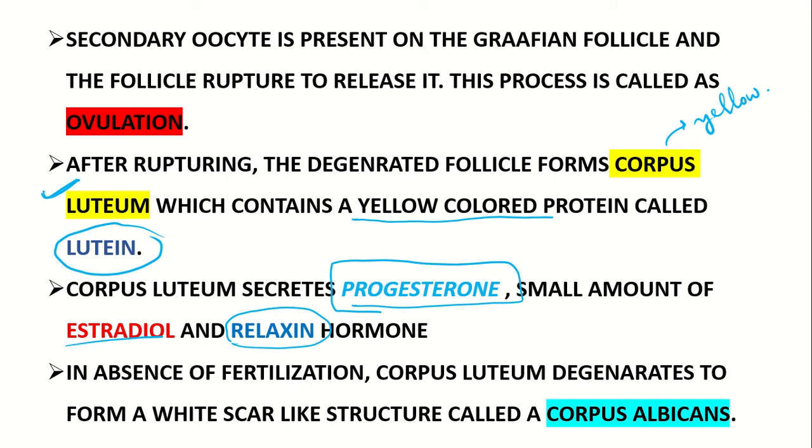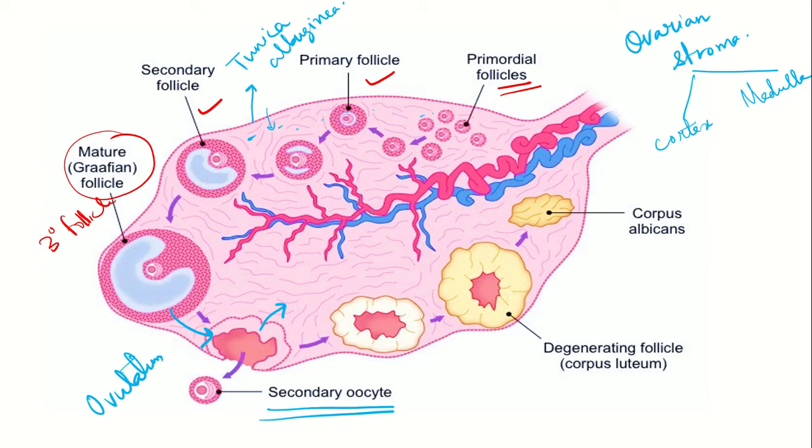If fertilization takes place, if the female conceives or gets pregnant, then this corpus luteum will persist throughout the gestation period. But if the female doesn't get pregnant, then the corpus luteum will degenerate to form a white scar-like structure known as corpus albicans.